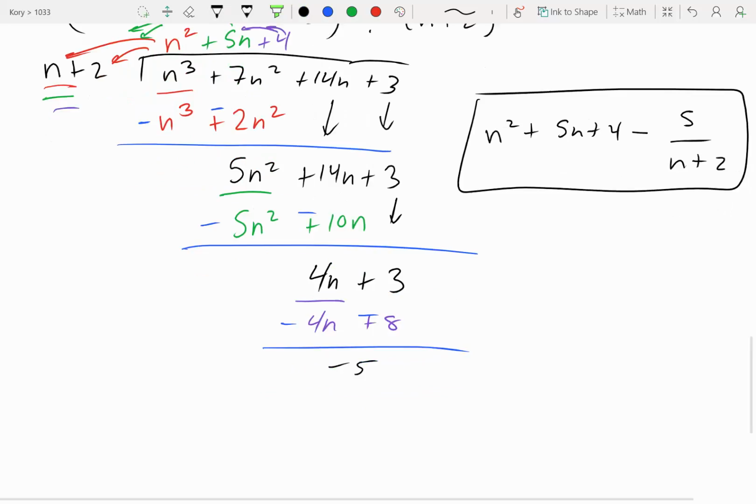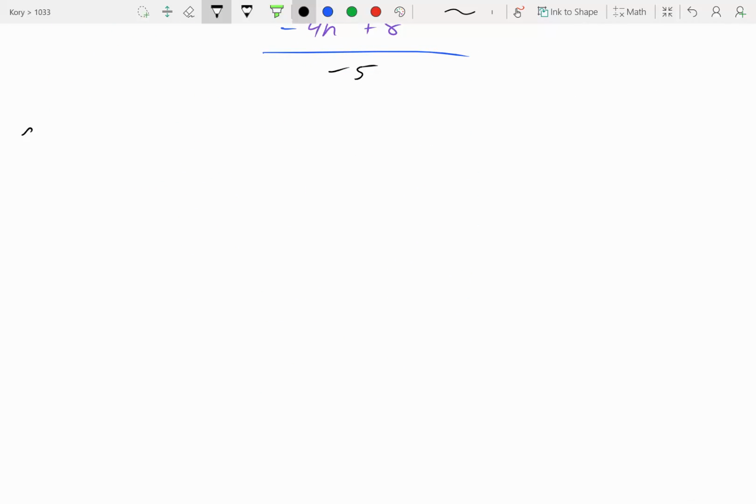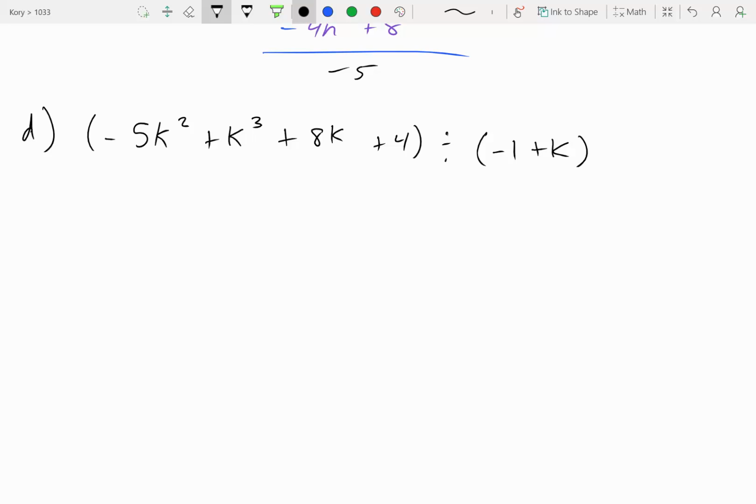All right, part D. Part D, we have negative 5k squared plus k cubed plus 8k plus 4 divided by negative 1 plus k. So we need to arrange what goes inside.